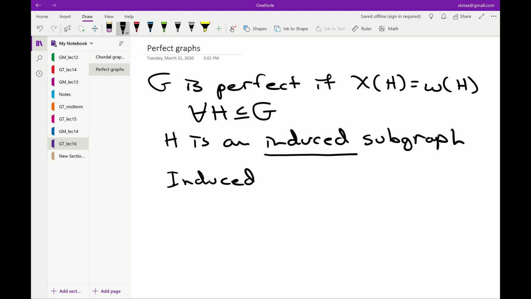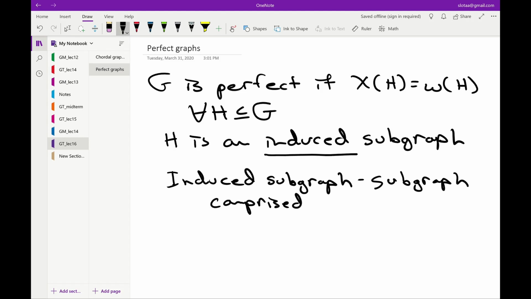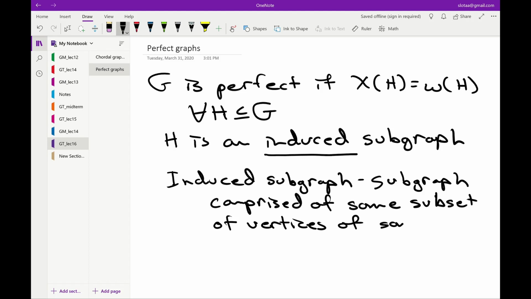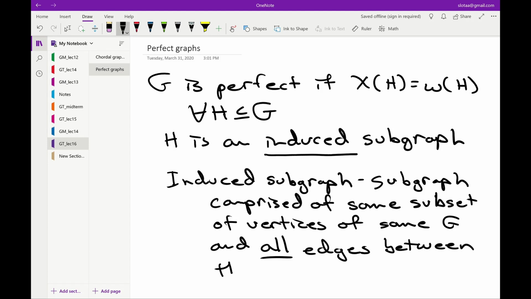So I'll just define it now. An induced subgraph, to put it simply, is a subgraph comprised of some subset of vertices of some G, and here's the important part, all edges between those vertices.